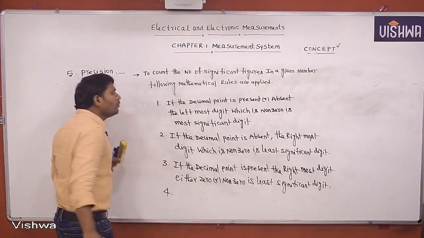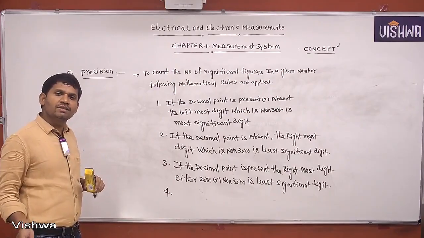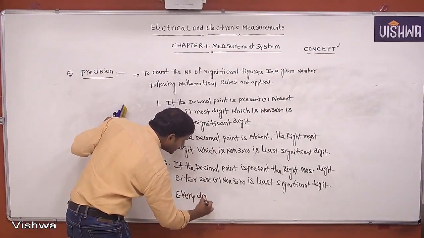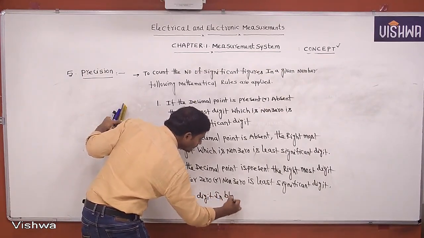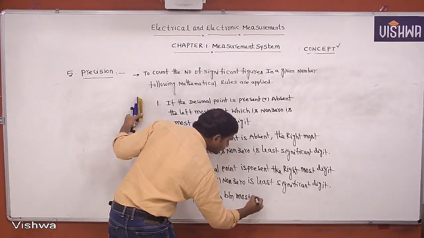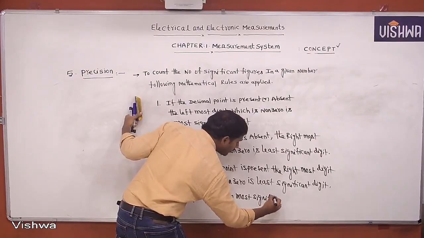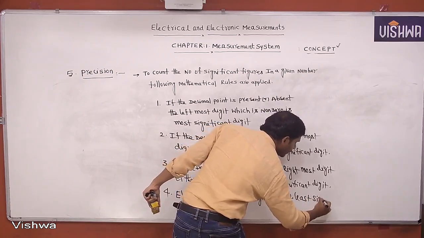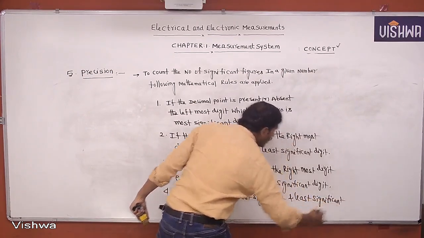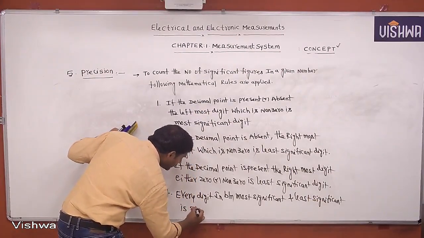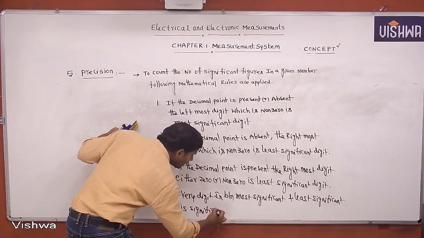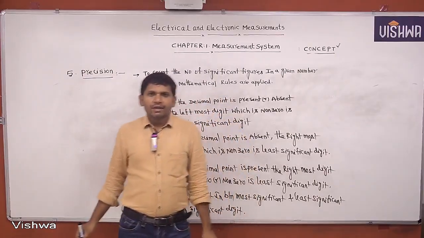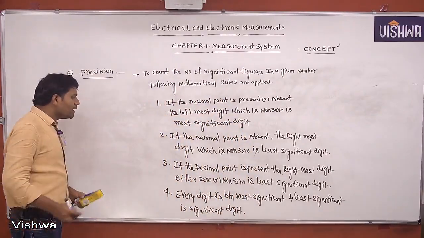Every digit in between the most significant and least significant is a significant digit.